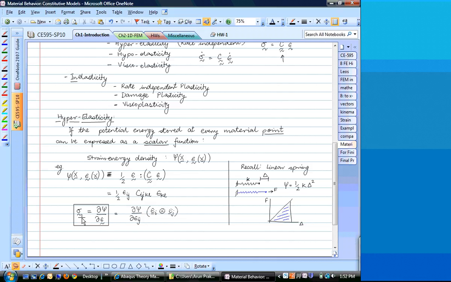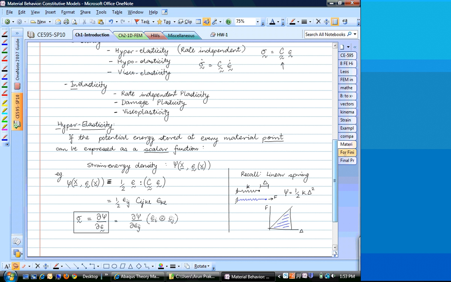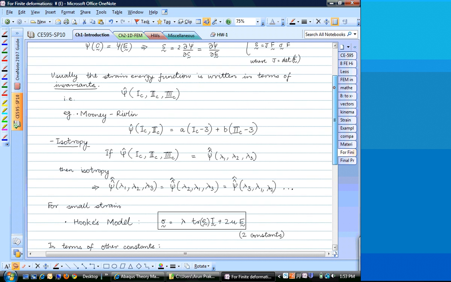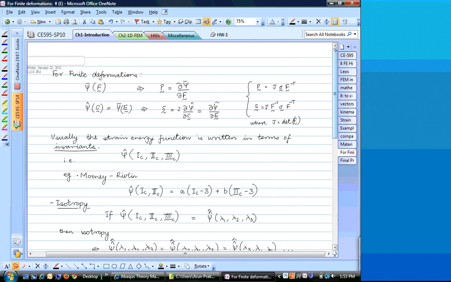So for example, if I wanted to find the ij component of stress, I would take that strain density function and take its derivative with respect to the ij component of the strain. So we'll take a look at a couple of examples on this. So this was the strain energy density function that defines whether your material is hyperelastic or not.